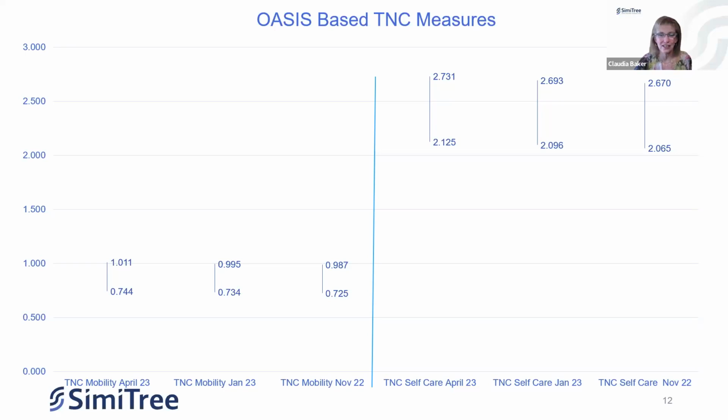So the higher number there for the mobility TNC score goes from a 0.987 up to now a 1.011. So we are seeing people continuously trying to improve, get our patients better.